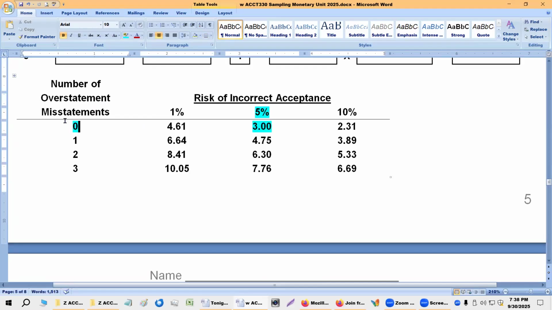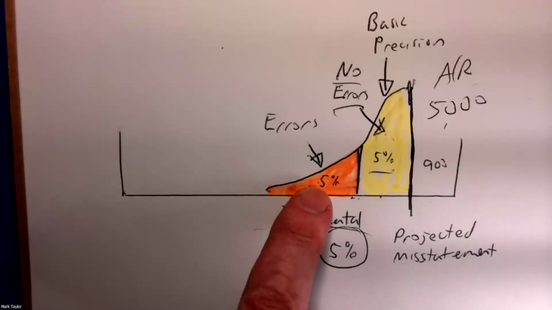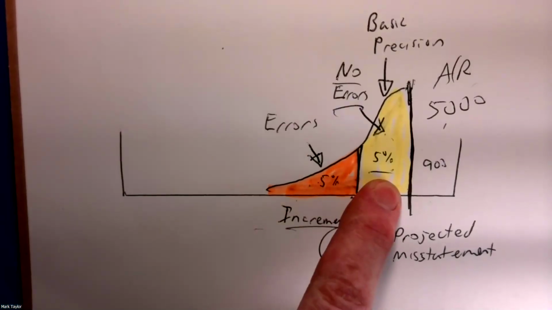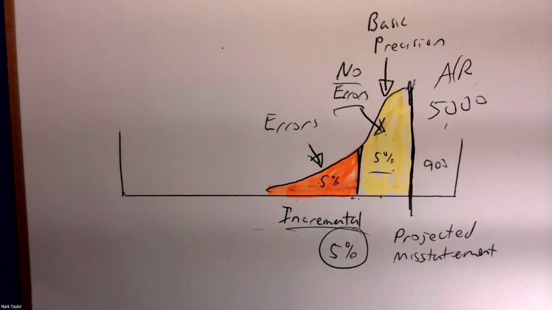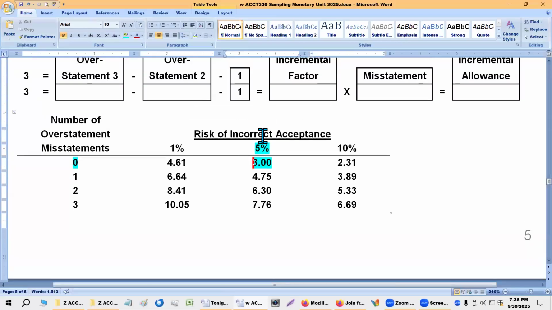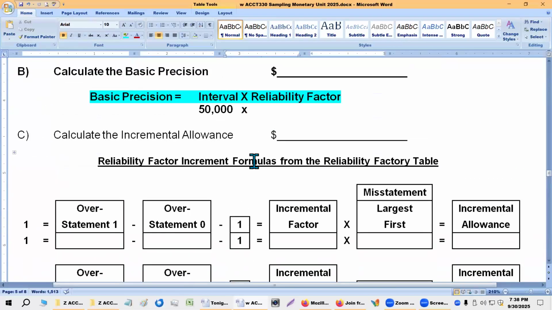We're saying 0. And you think about that, this is if we have no misstatements. We have no misstatements, so it'd be at 0 misstatements. So at 0 misstatements, that would be 3.